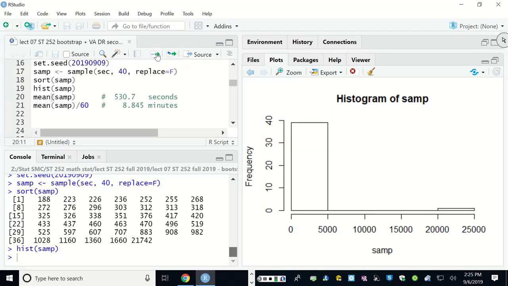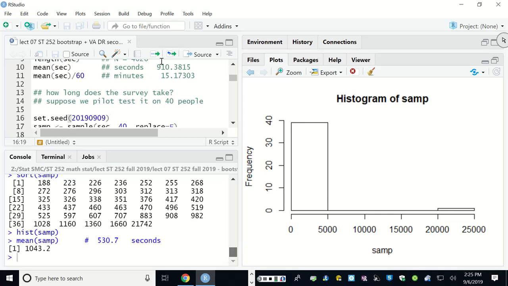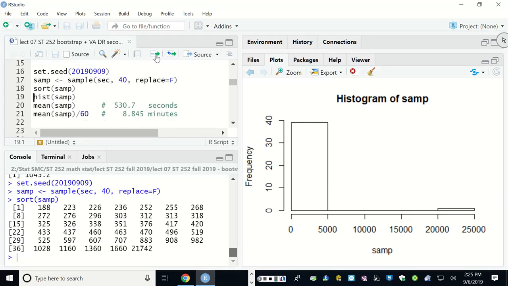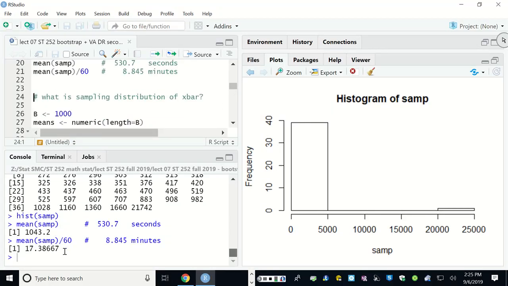But it gives an average of, well, did I not run that one? No, it's a little different than I had before. But about 1,000 seconds, in terms of minutes, about 17 minutes as an average. It's not too different from the actual 15, but that population average of 15 includes those ones where they just didn't turn off their computer, right?